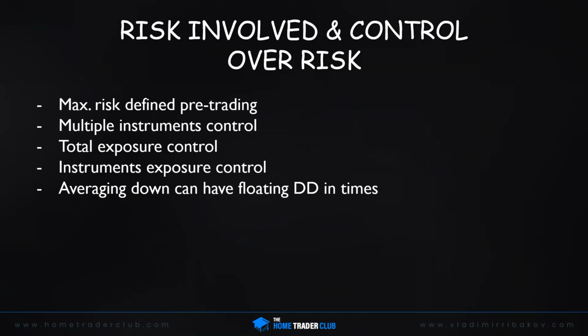Okay, so that's what the EA does with the total exposure and the instruments. And the way the EA is set is averaging down, which could cause drawdown at times. The way this EA works is in measurements of waves and trends, and a comparison of these waves and the conditions.